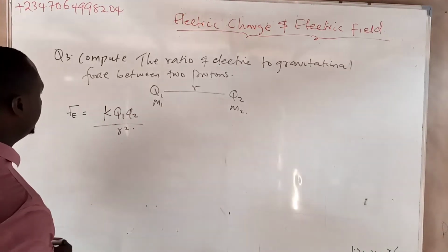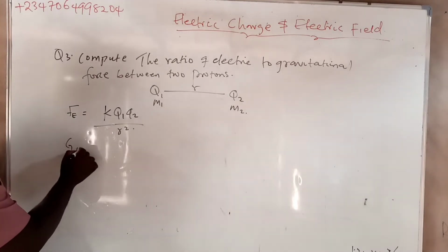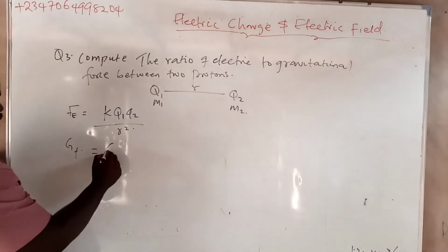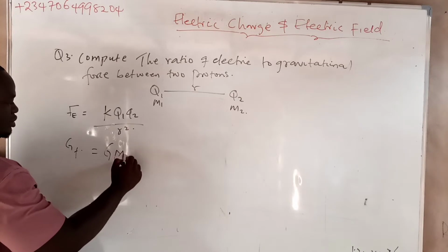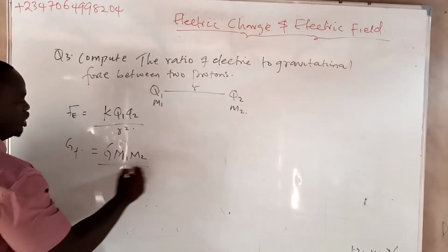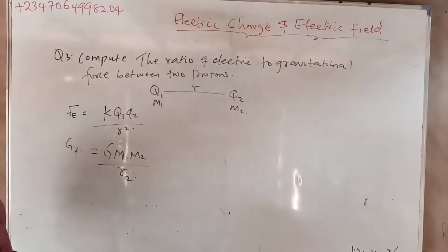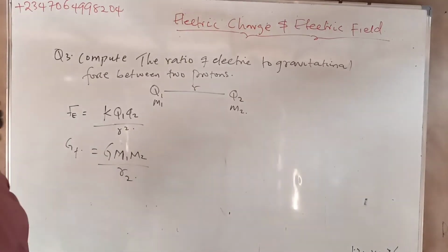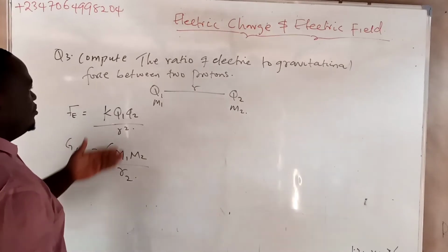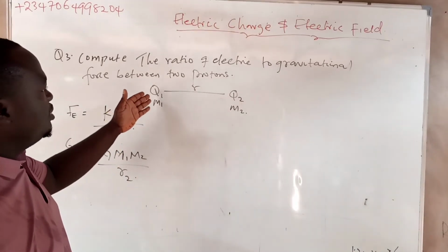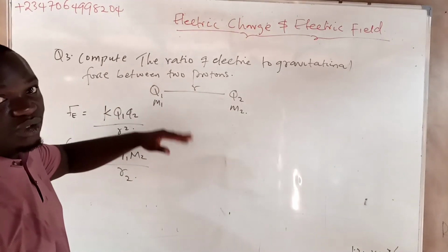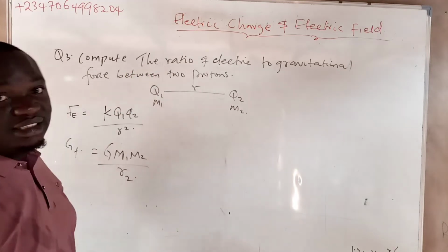And that of the gravitational force is G M1 M2, all over R squared. Now, remember that the mass is always constant. They do not give us the charges, so it means that the charges are the same.